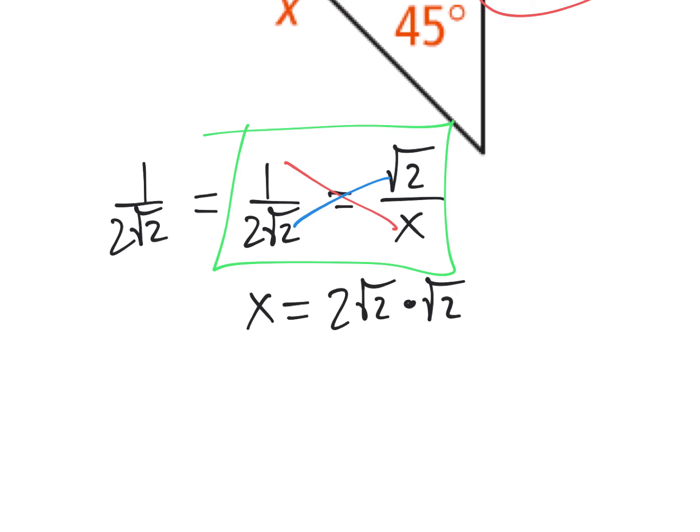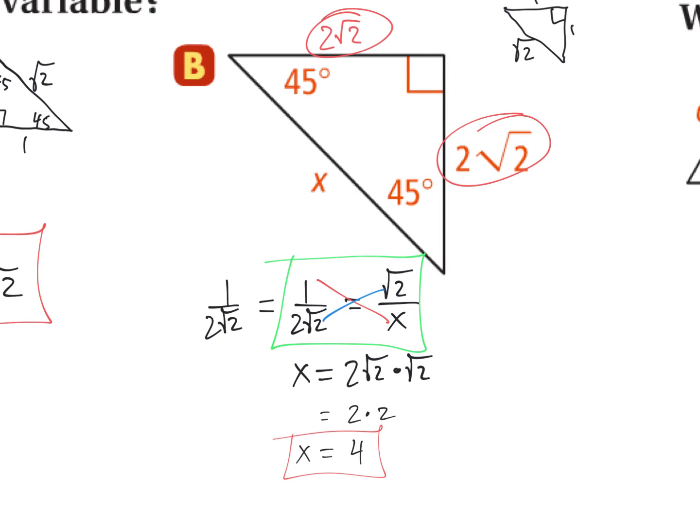But the square root of 4 is 2. So I've got 2 times 2. And so that means I'm going to have an answer of 4. Okay, that's how we do that.